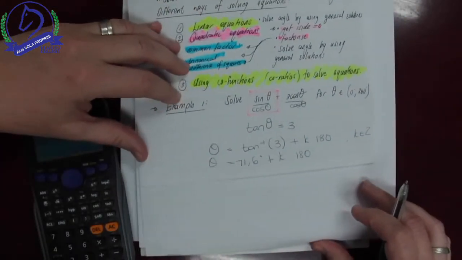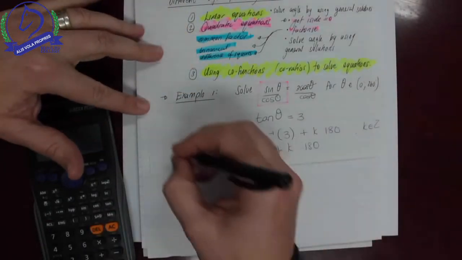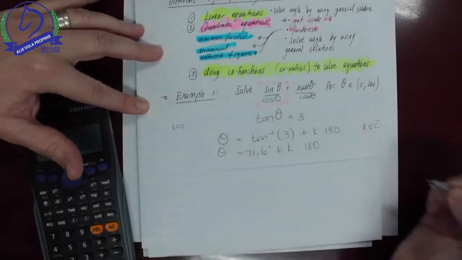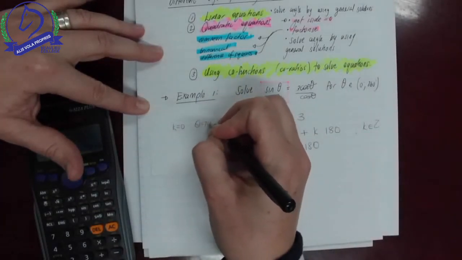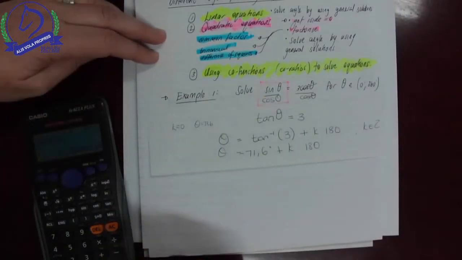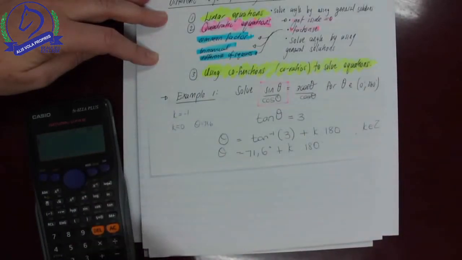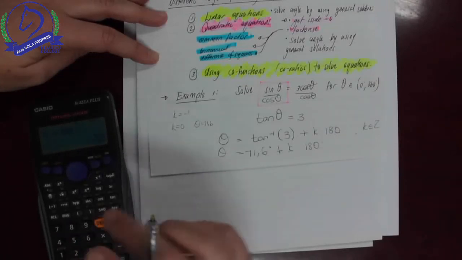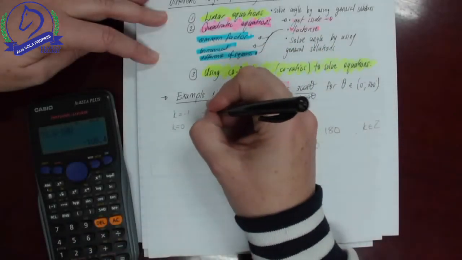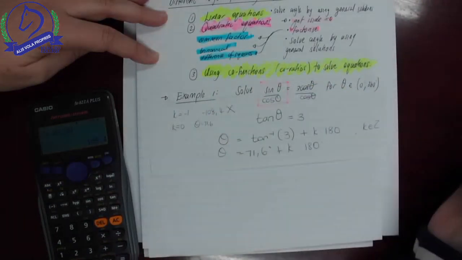I have to work between 0 and 360. So I know if I make k 0, theta is going to be 71.6. I'm happy with that. If I make k negative 1, I will have 71.6 minus 180. That is going to give me negative 108.4 that I may not use.